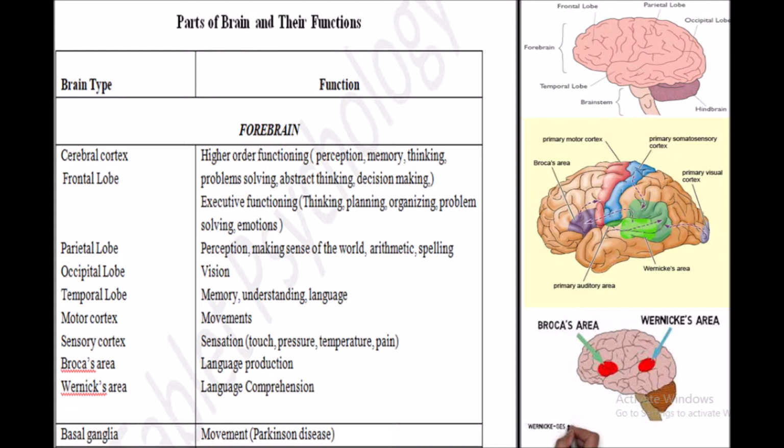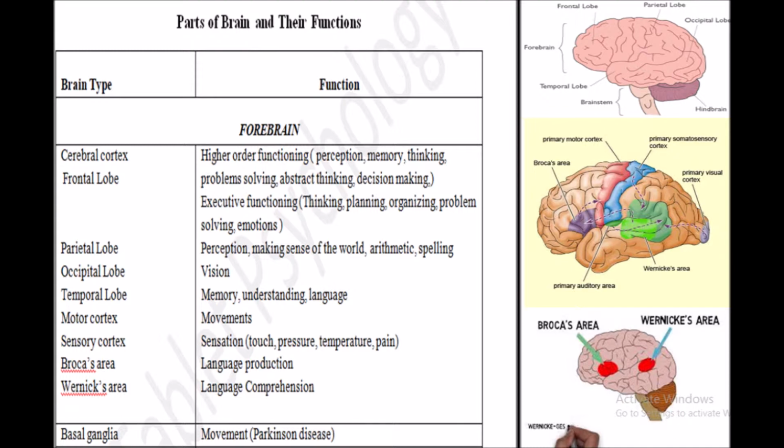Cerebral cortex performs different functions like higher order functioning, for example, perception, memory, thinking, problem solving, abstract thinking, and decision making. All these, you can say, are the functions performed by the cerebral cortex of the forebrain.